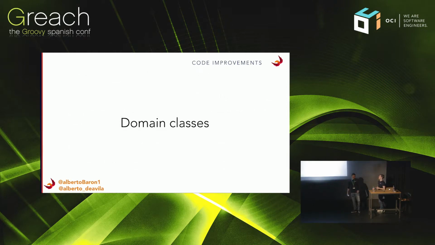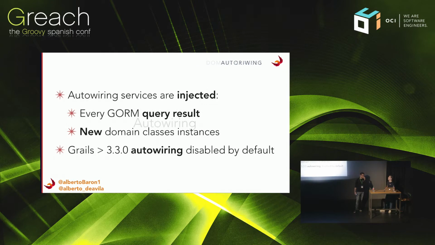Inside the domain classes, we have 2 ways to improve the performance. First of all is auto-wiring. With auto-wiring, services are injected into every GORM query result and every new domain class instance. And what does this mean?